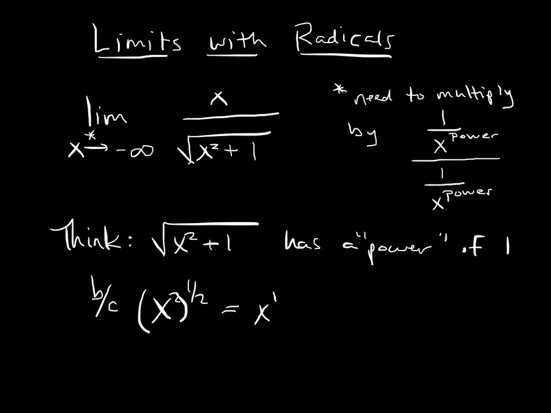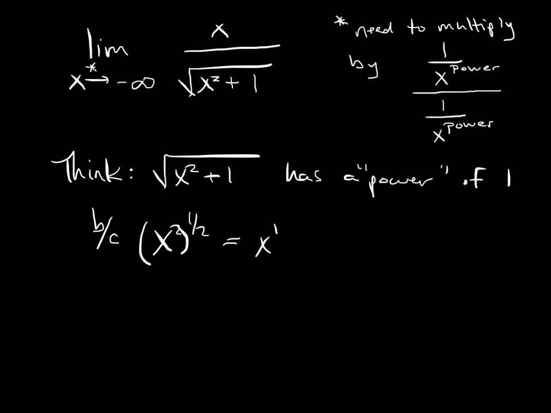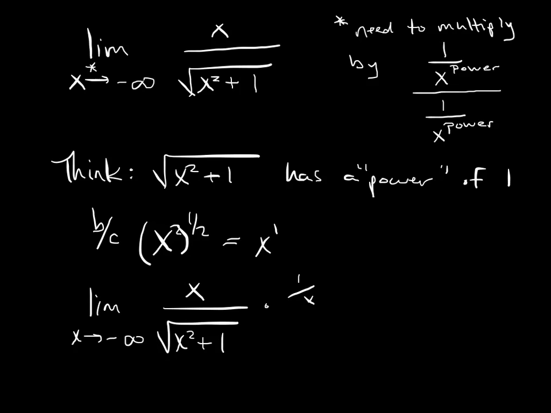Okay, so what we need to do is multiply by 1 over x on the top and the bottom. So we're doing the limit as x goes to negative infinity, and we know that we have to multiply the top and the bottom by 1 over x.